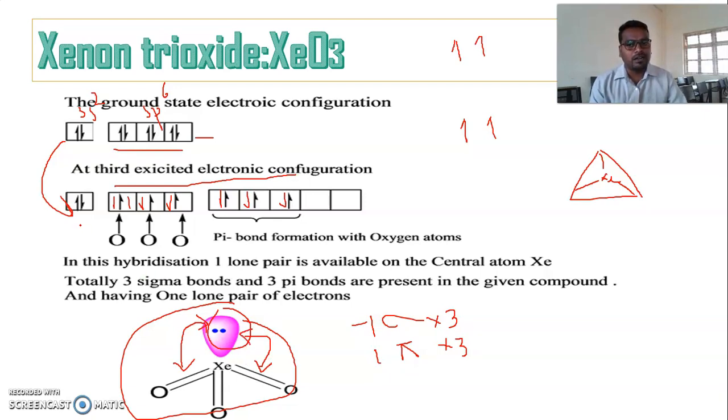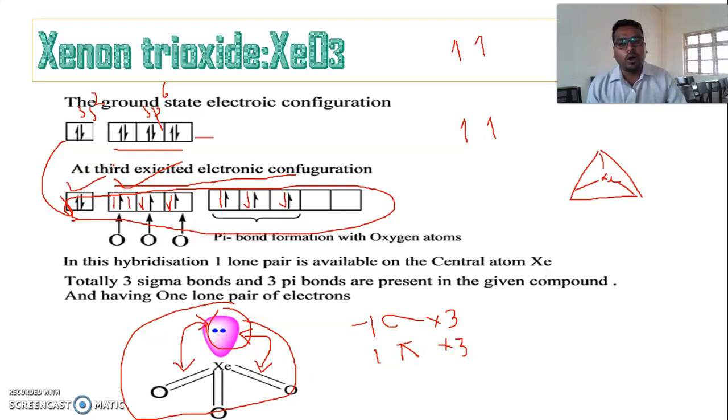These are electrons present in the valence orbital, the last orbital, that are involved in bond formation; that's why they are called bond pairs. The lone pair is not involved in bond formation; that's why it is called non-bonded electrons or lone pair electrons.